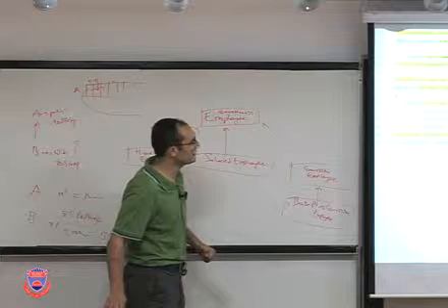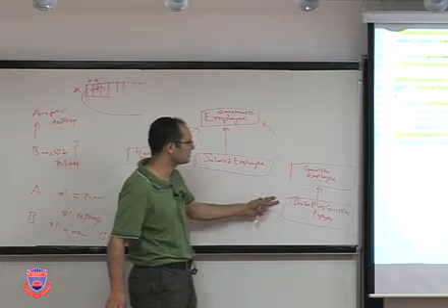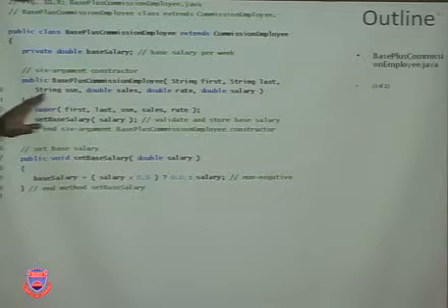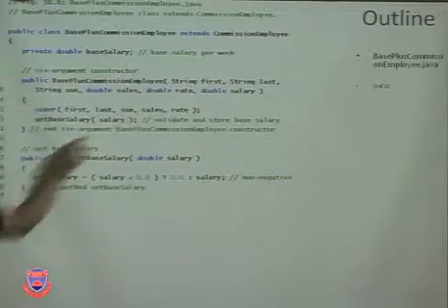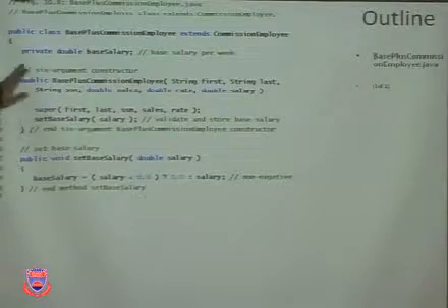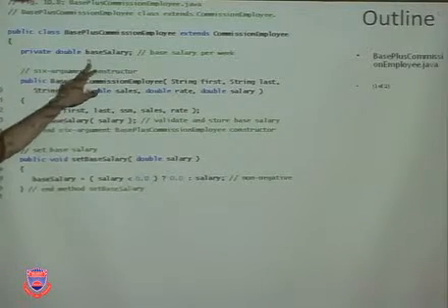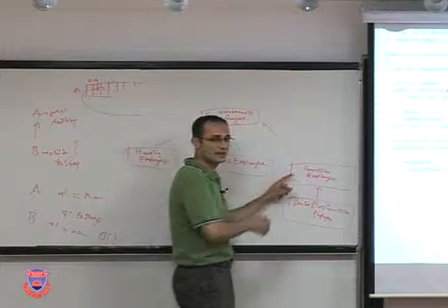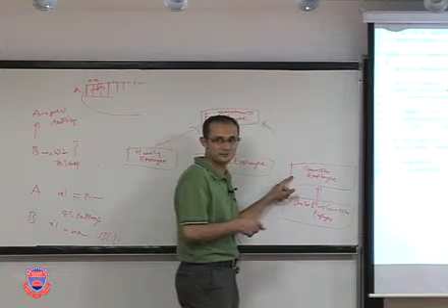So one thing to add here is the last part of the class, which is the base plus commission employee. Base plus commission employee extends commission employee, okay? In which case you have the additional base salary, plus the gross sales times the rate, right?